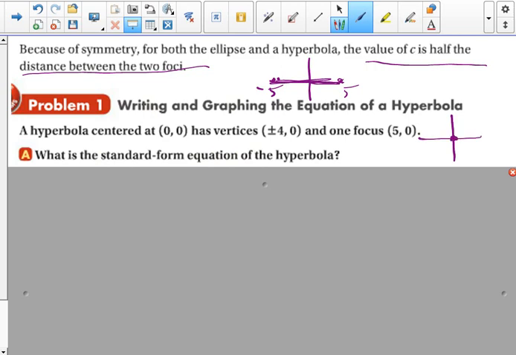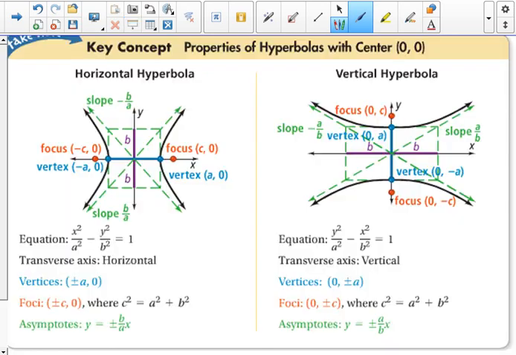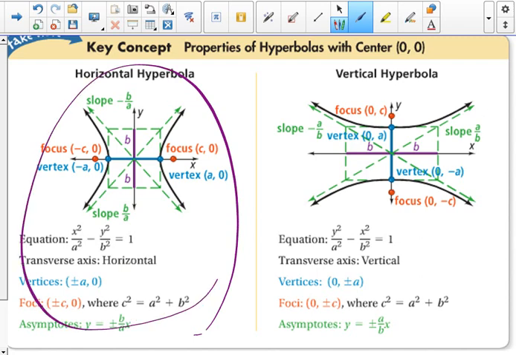It has vertices at 4 and -4. That means this is a horizontal hyperbola, because everything's on the x-axis. So all the things we're going to get are from the horizontal hyperbola. And they gave us the vertices. We've got that and that.